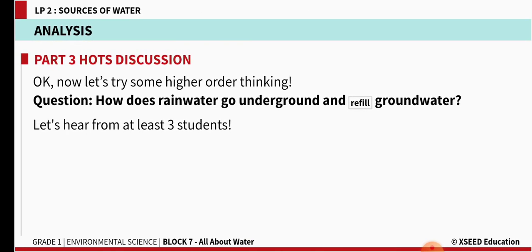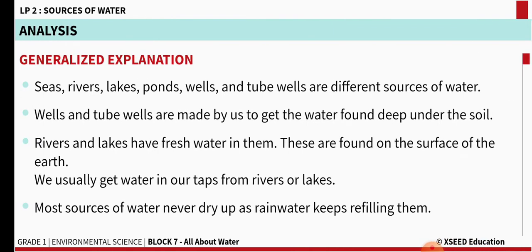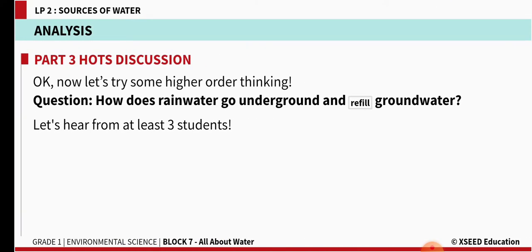How does rainwater go under the ground and refill groundwater? Rainwater will go under the ground, it will seep inside the ground and it gets filled. So that is how, when we dig, the water has reached the underground, children. The rainwater seeps, means it goes through the soil and reaches under the earth.